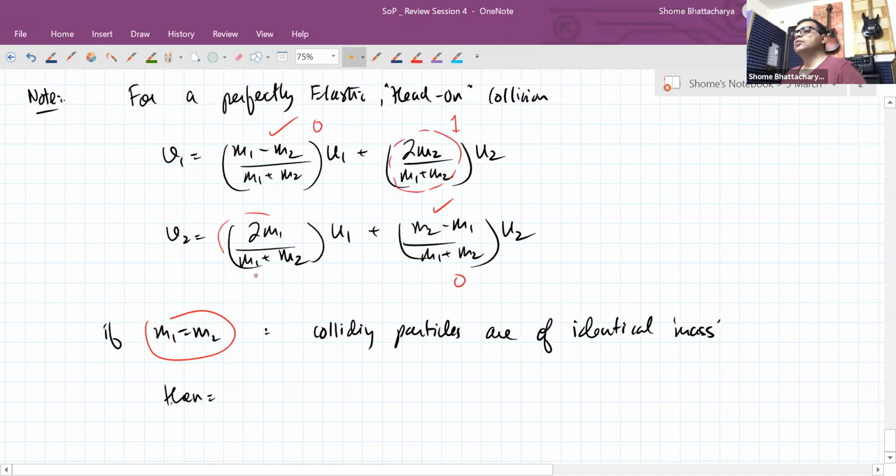So if masses are equal for the two colliding particles, v1 will become u2 and v2 is equal to u1.